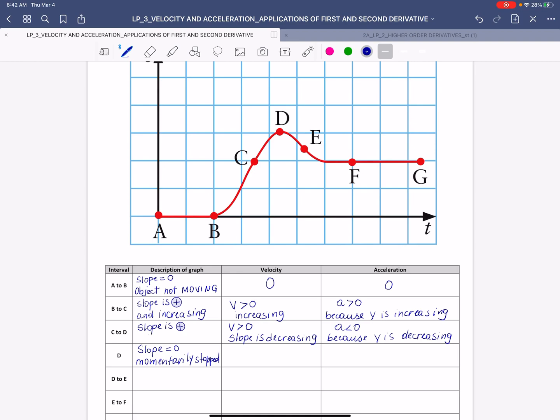Which means, on the other hand, that velocity is 0 because the object is not moving. Now, how about acceleration? We have to think very carefully here.